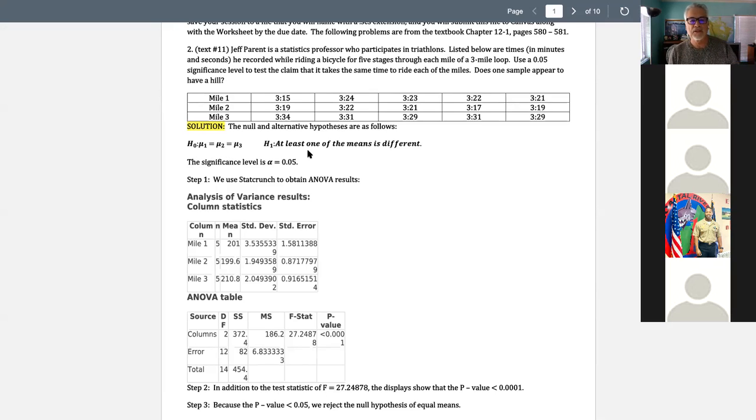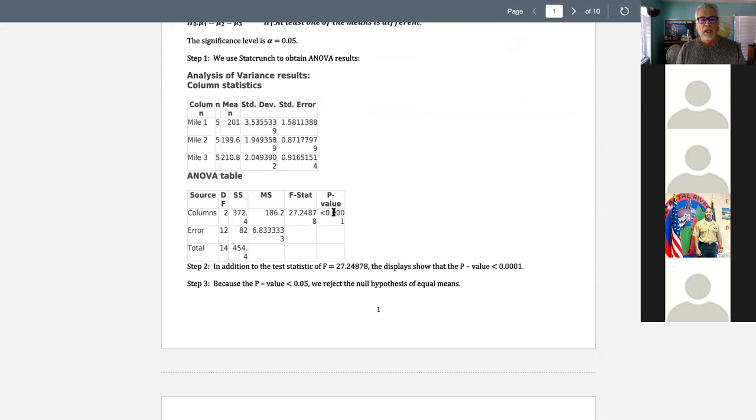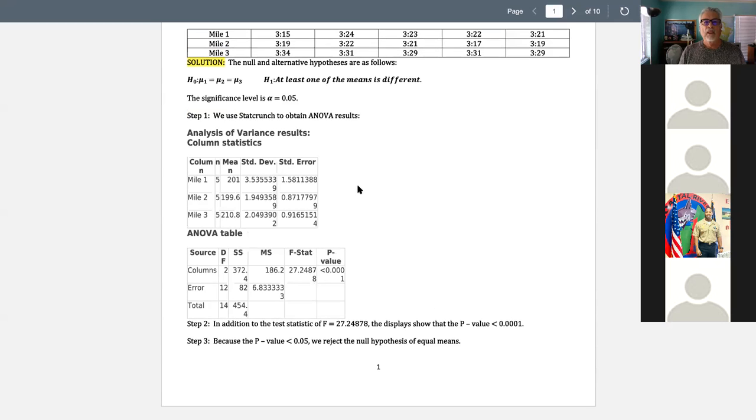Another way to say that is that at least one of the means is different. And what you see here is a very low p-value. And just as in our chi-square test and our z and t tests, if the p-value is low, H naught is a no-go. We'll reject the null hypothesis in favor of the alternative.